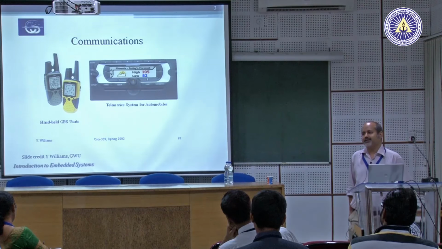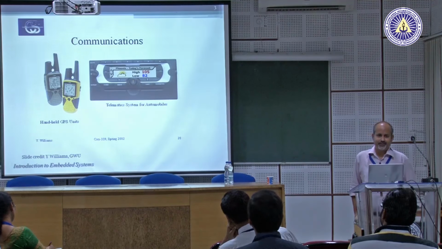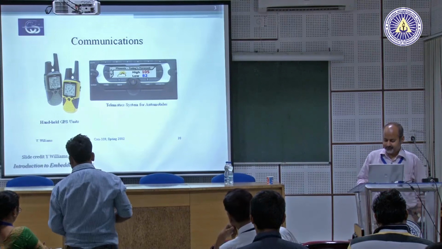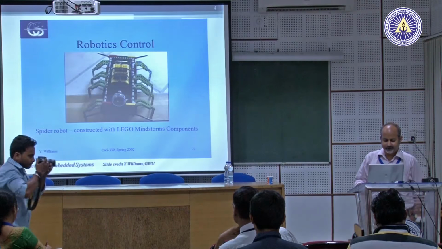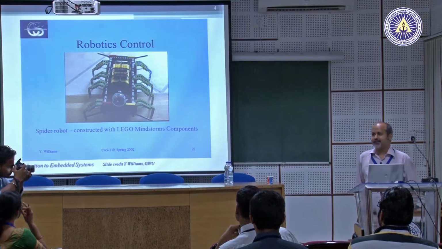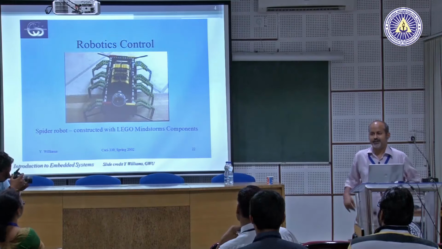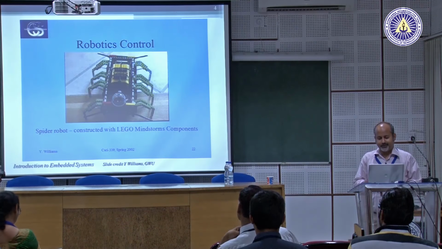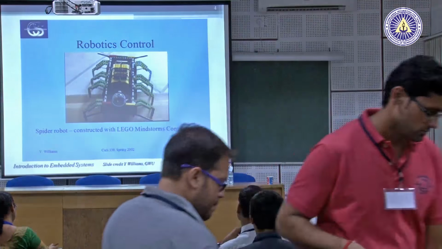So communication is one major area where you see embedded systems being used a lot. That's not surprising. In robotics, we see embedded systems all the time, because I'll formally define what an embedded system is about, and then you will see why I'm calling all this embedded systems.